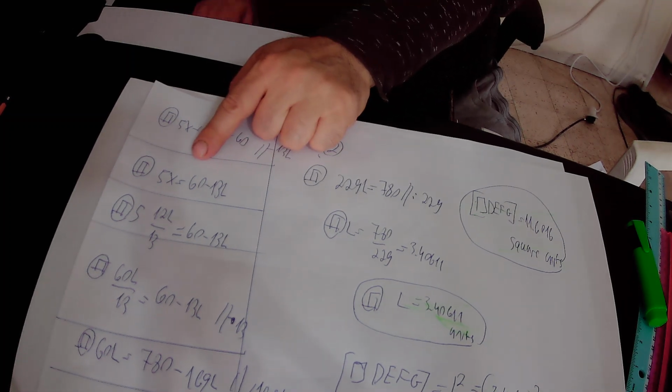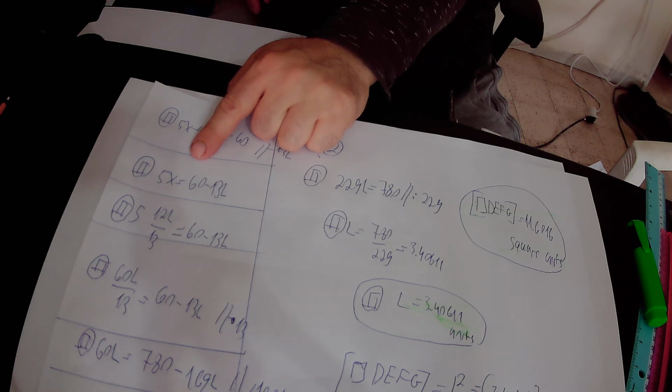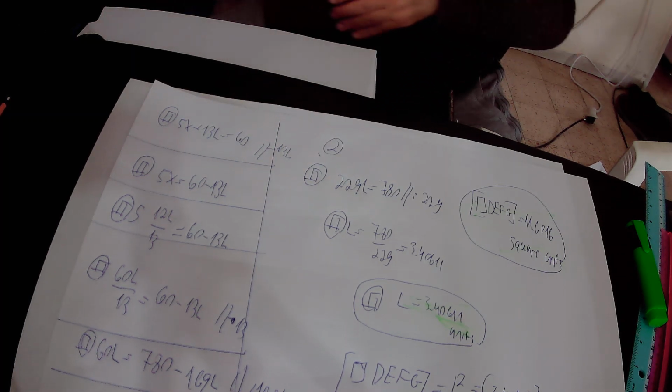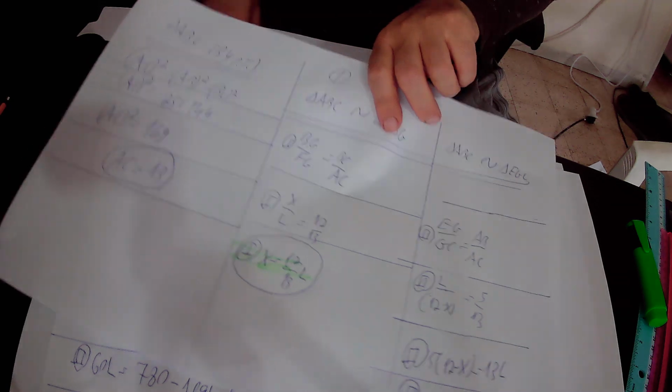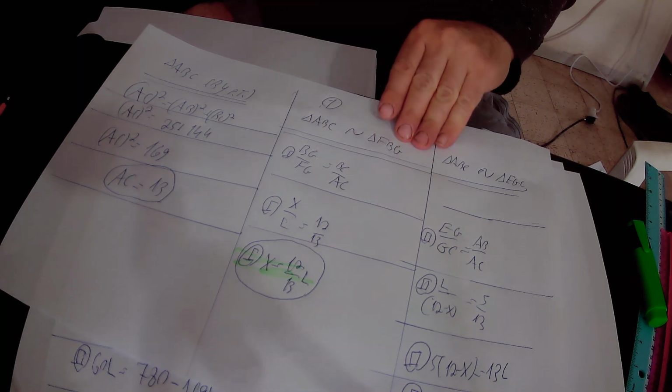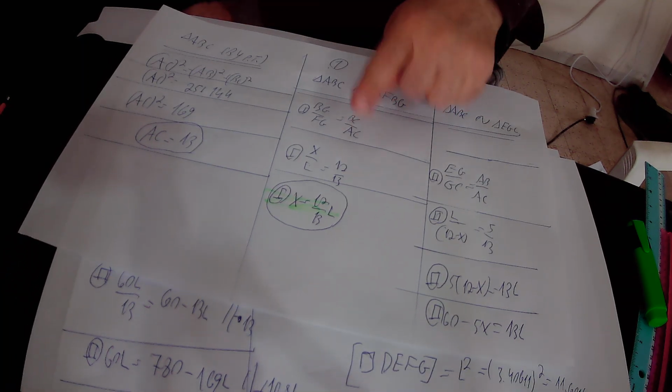Here we substitute X in this equation 2 by the value that we found for X in equation 1. According to equation 1, X equals 12L over 13, therefore we substitute X in equation 2 by 12L over 13.